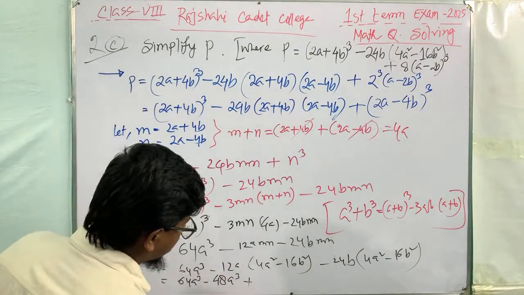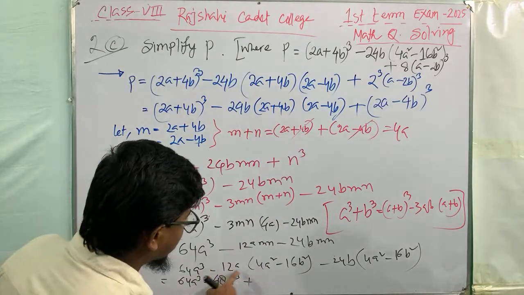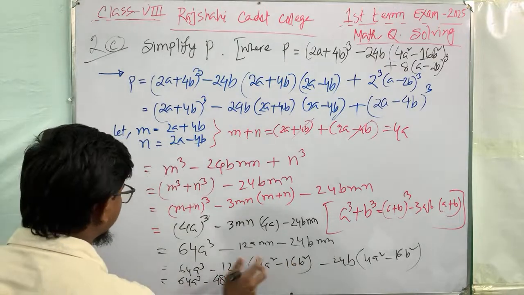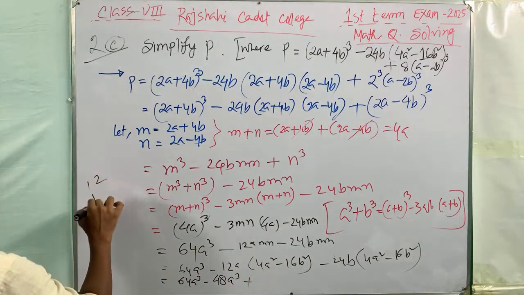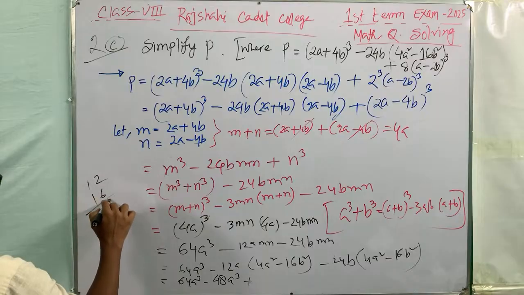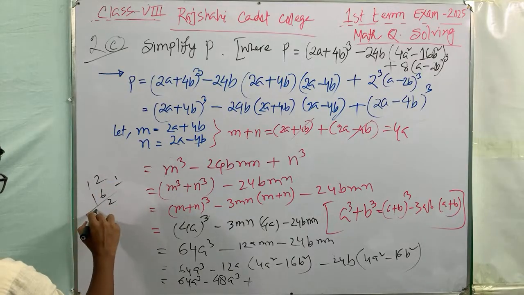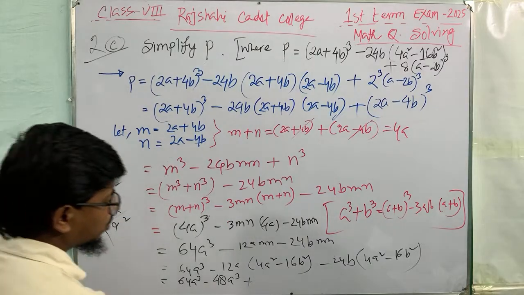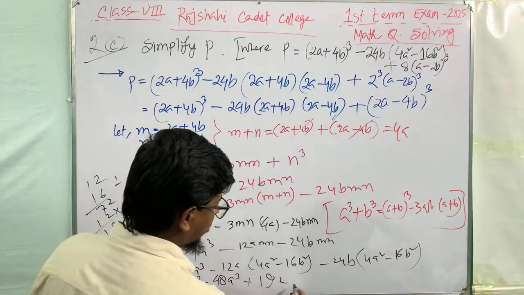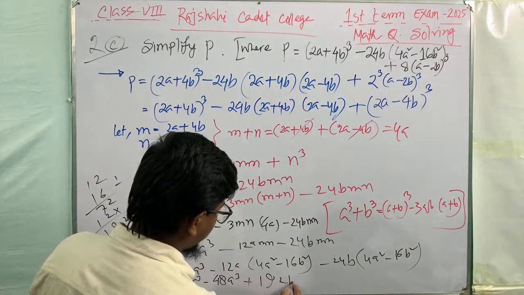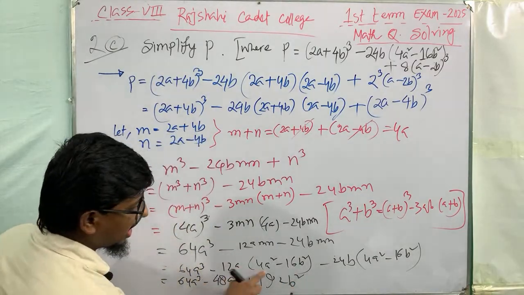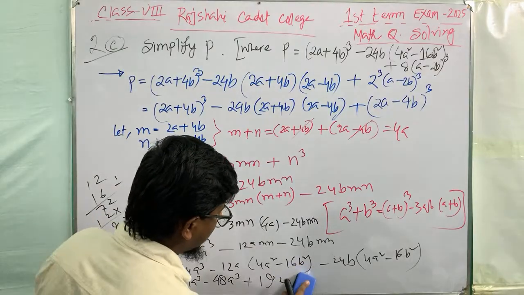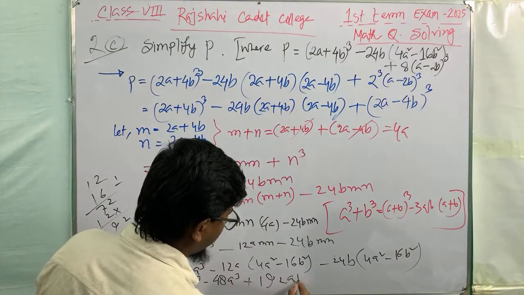Minus and minus will give us plus. 12 times 12 times 16. 12 times 16 will give us 192. 192 b square, and you have a times b square. So basically this is 192 a b square.